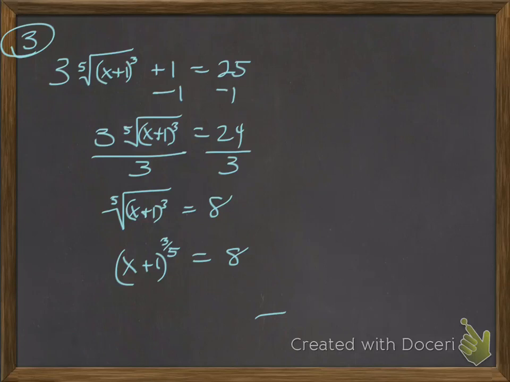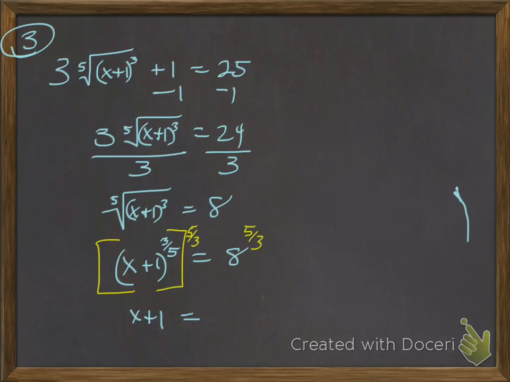Now to get rid of that exponent, I'm going to raise both sides to its reciprocal, 5 over 3. So this becomes x plus 1, and because this is an odd root, an odd denominator, I do not need the plus or minus here. It's just one solution, one answer.